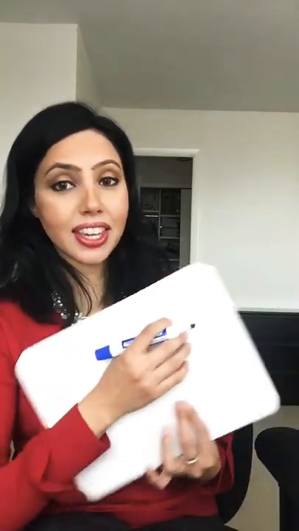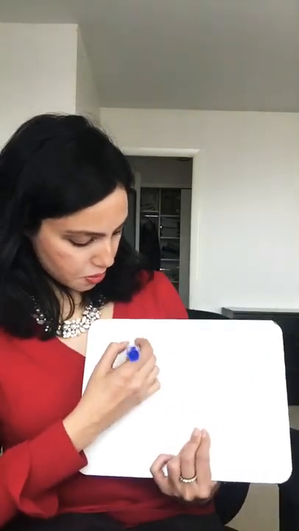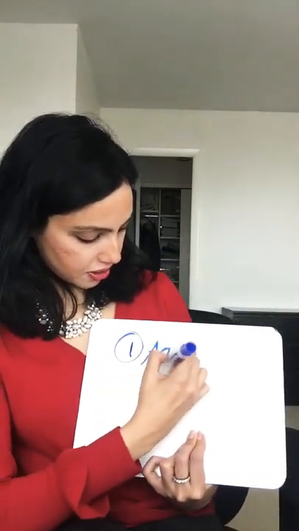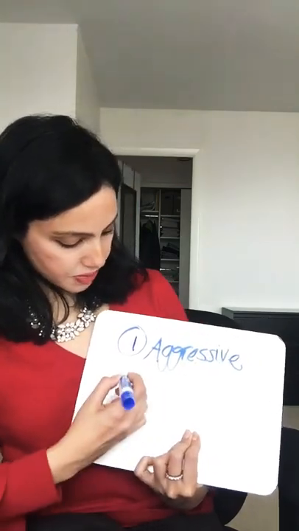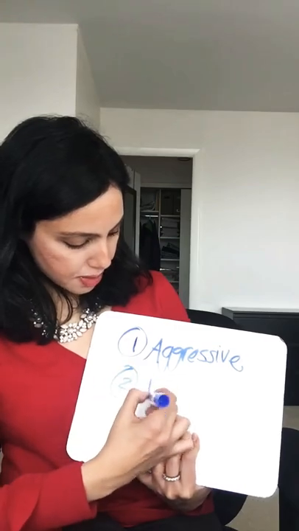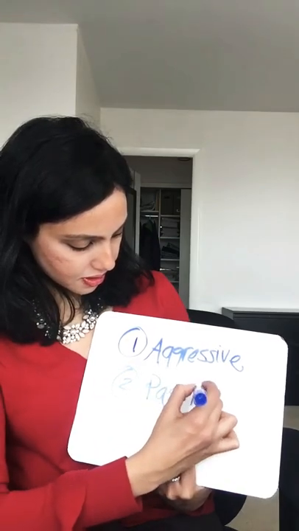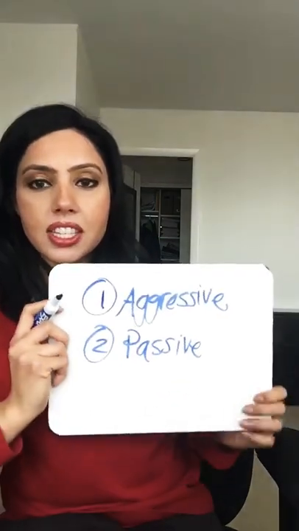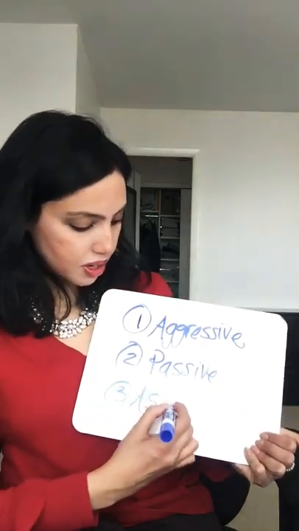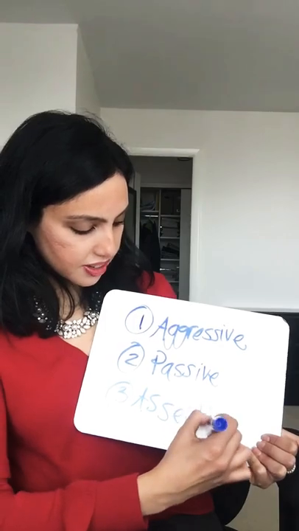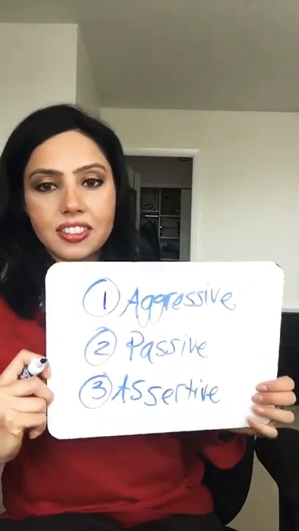So yeah, so again, what were our 3 ways? We had aggressive, 3 ways of handling conflict, I should say. Aggressive. Second, we had passive. Hopefully you can see that. And then our third was our one that we see most effective, assertive, right?